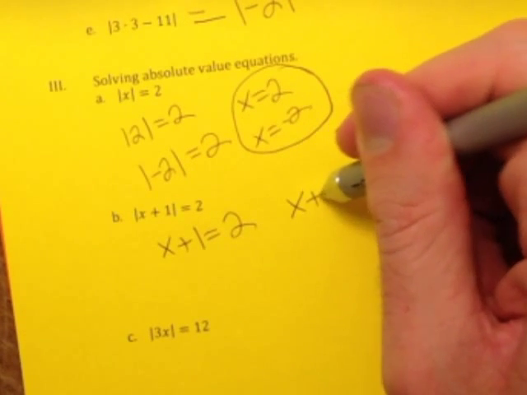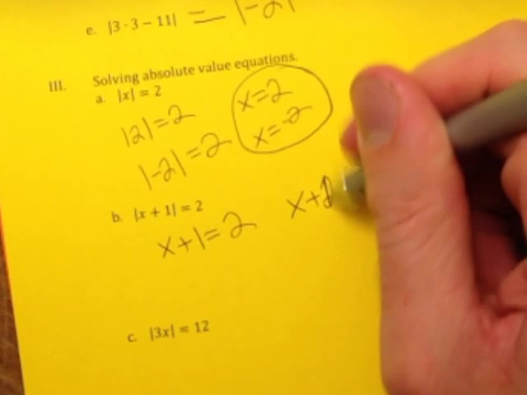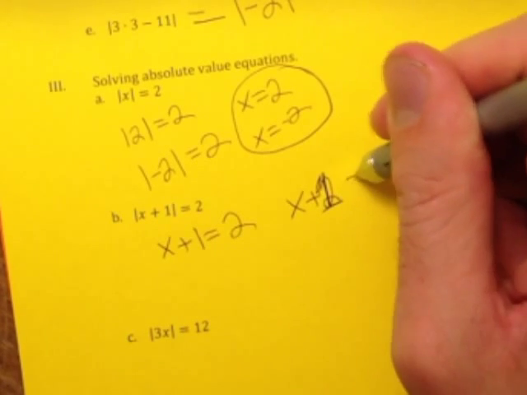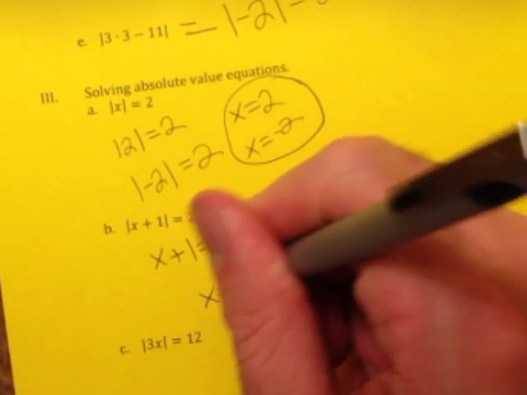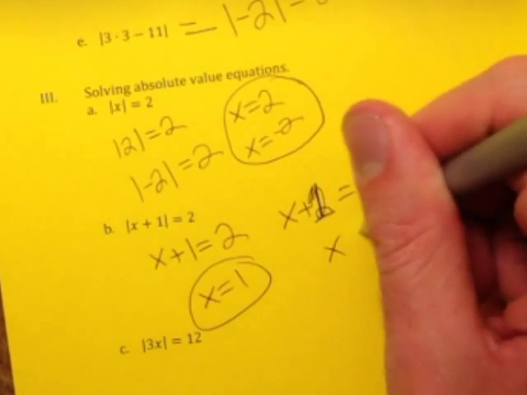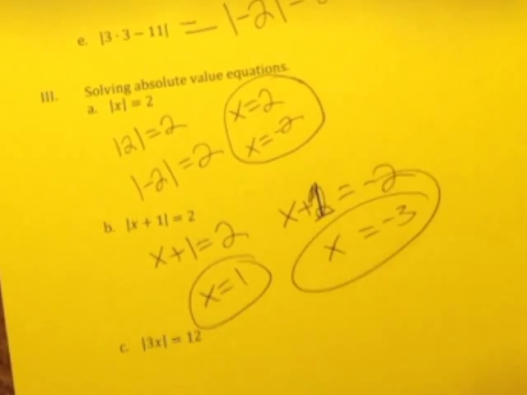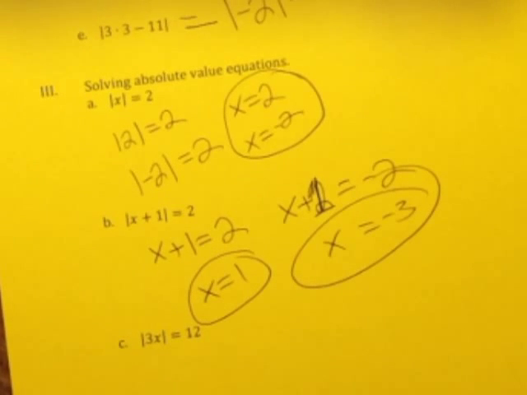If it simplifies to -2, oops, sorry about that, that should be a 1, we'll get 2. So all you're going to do is take whatever's inside your absolute value and set it equal to the positive and to the negative version of that number. You're going to solve those two equations. This one gets us a 1. This one gets us a -3. And then we're done. That's it.